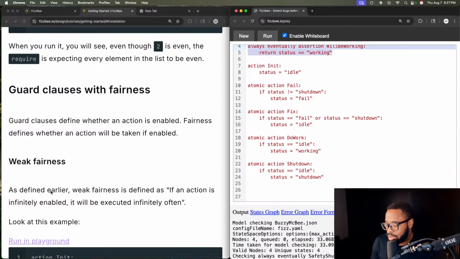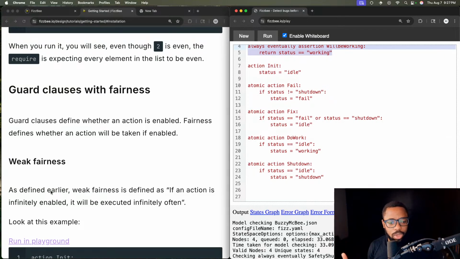I think it's a case of the precondition. Actually, the precondition for strong fairness sounds like it's the more relaxed one, because you can allow the action to oscillate between being enabled and disabled, and still ensure that it gets run.